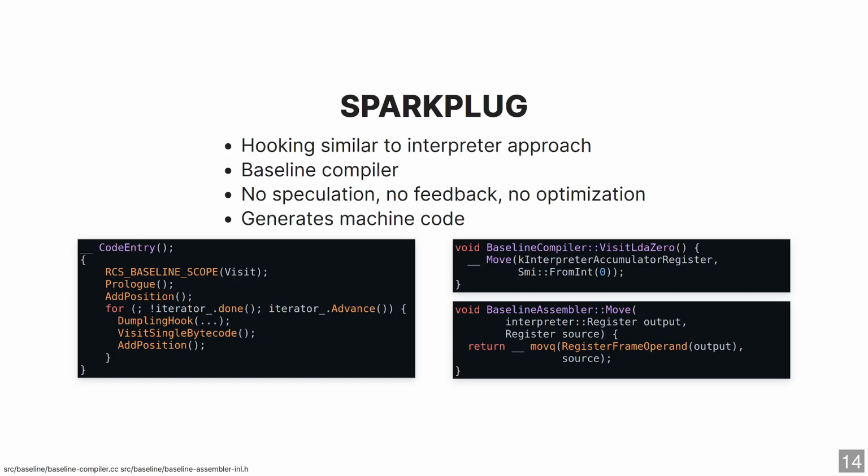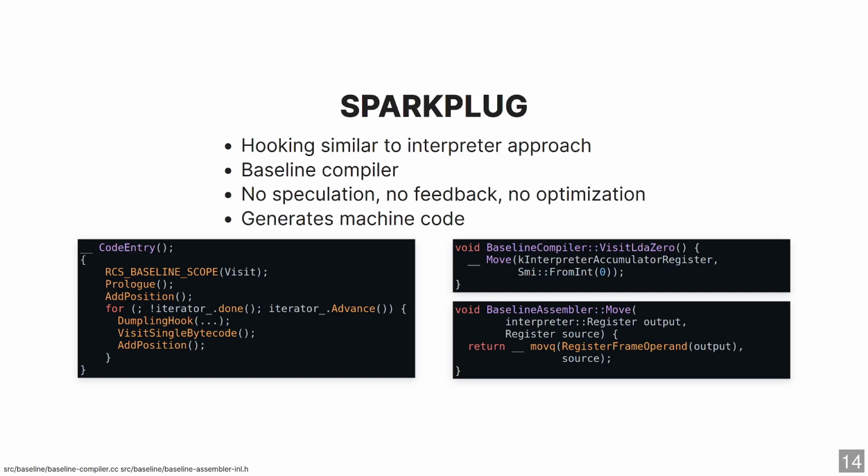Sparkplug is another interesting case. Sparkplug is basically an unoptimized JIT compiler, which also just directly takes bytecode instructions and lowers them to machine code.